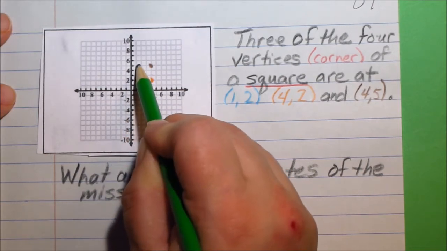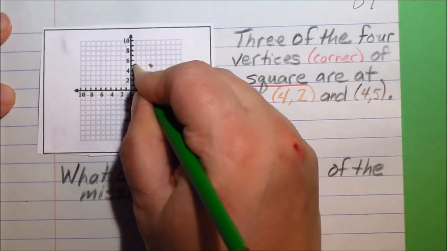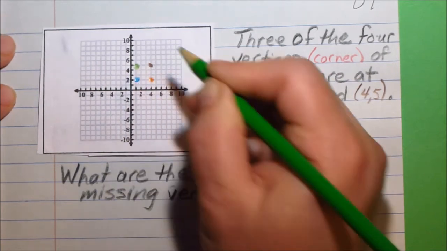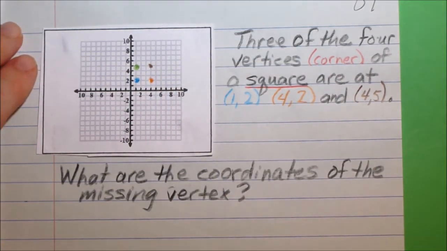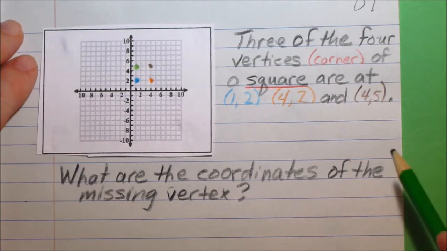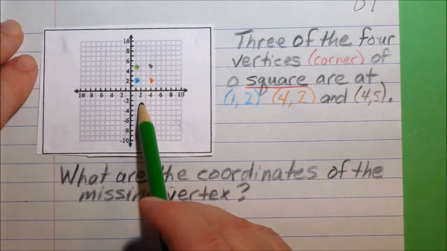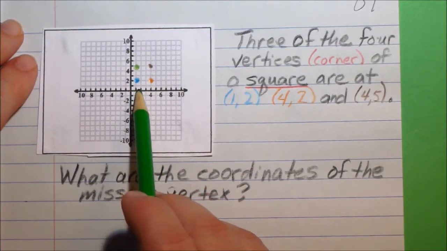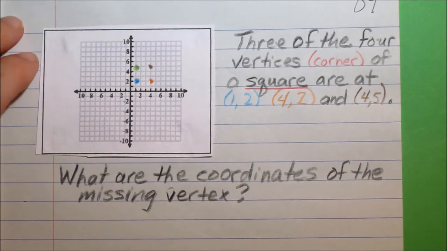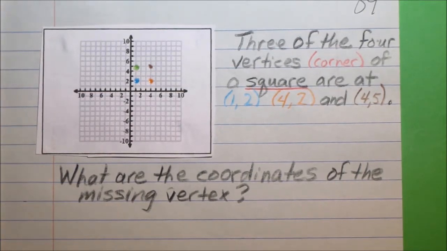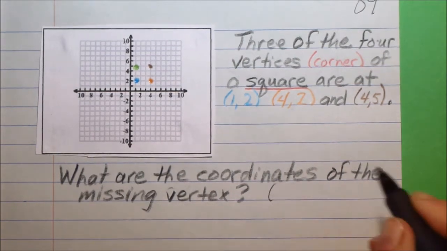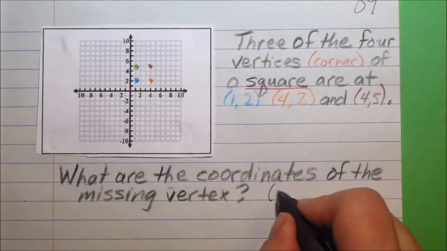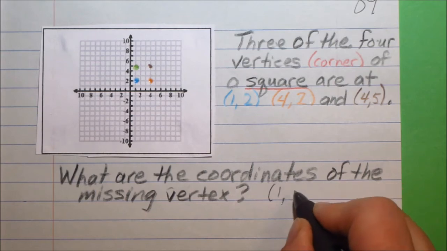Right here is my missing vertex, and that missing vertex is at 1 and 5. So let's write that down. My missing vertex is at (1, 5).